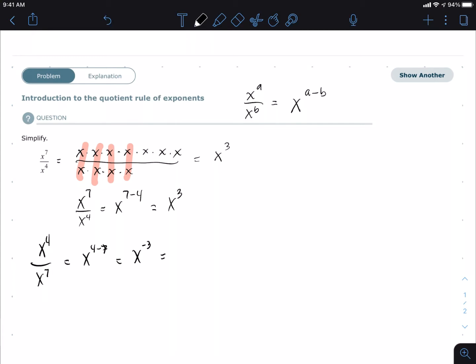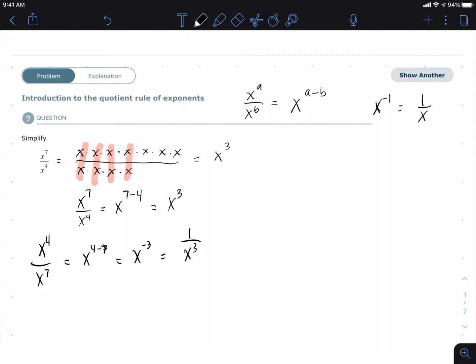Then you needed to know there's another rule that says x to the negative 1 is 1 over x, so that makes everything go down. So I would have gotten 1 over x to the third. But that to me is too much work.